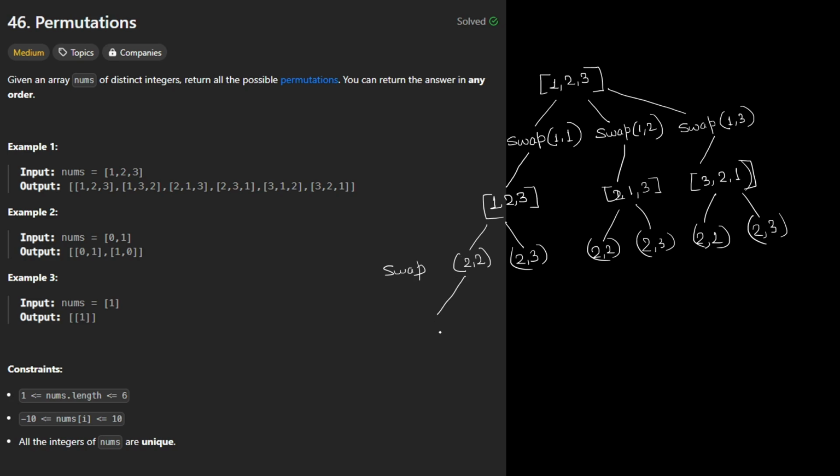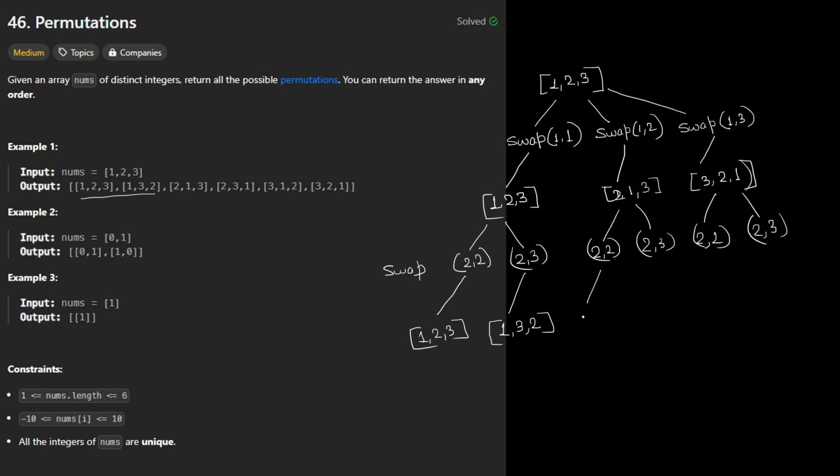If I do it on 2 and 2, the value I am going to get is 1, 2 and 3. If I do 2 and 3, it would be 1, 3 and 2. So we got our two values out here.